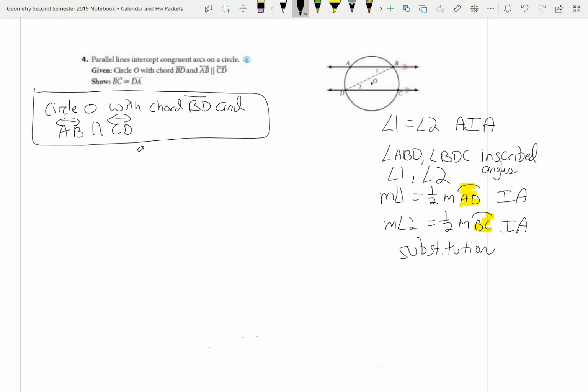And that's given. Okay, so that's going to make angle 1 congruent to angle 2 by the alternate interior angles conjecture.